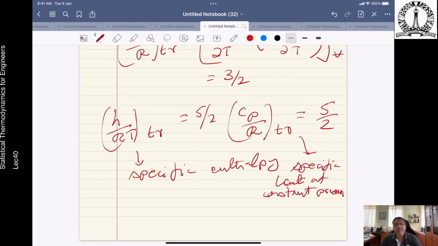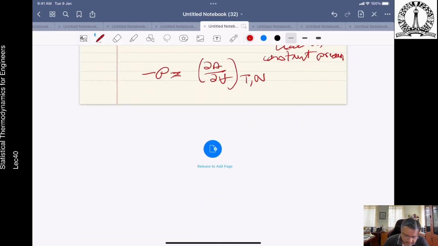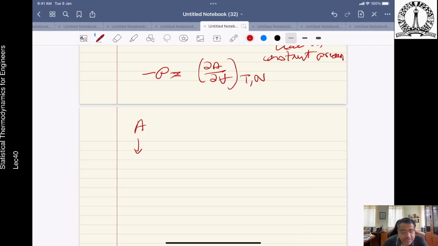Okay. So at this point, the pressure can be determined also by combining aspects of classical and thermodynamic properties. Okay, so pressure is given as minus P is equal to dA by dV at constant T, N. So where your A is basically the Helmholtz free energy. This you all know.